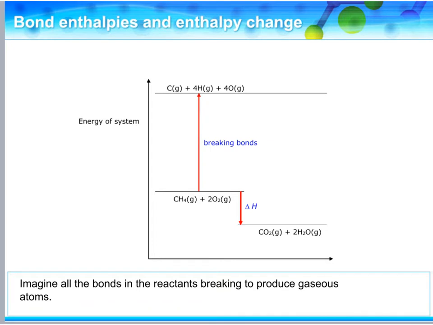So one route would be to completely combust, or the other route is to completely atomize all of the molecules, and then those atoms could then recombine to form the products. So what you can see in this route, breaking bonds requires energy. So here the enthalpy change has a positive sign because we're going up. It's endothermic, it's taking in heat energy.